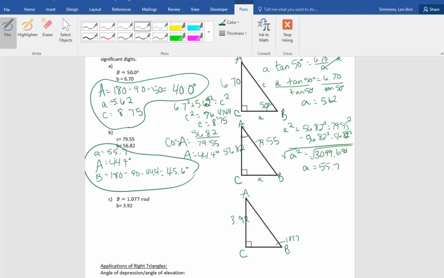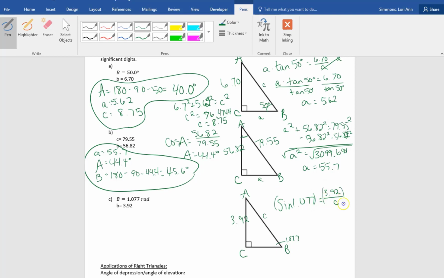So let's use this angle. So we have the opposite. Let's find the hypotenuse. So we can use sine of 1.077 equals, sine is opposite over hypotenuse.